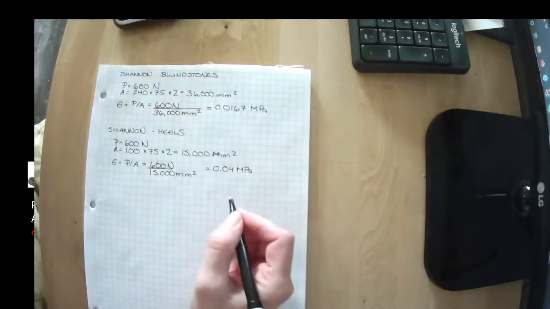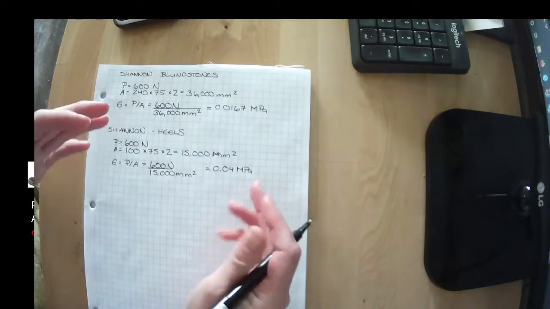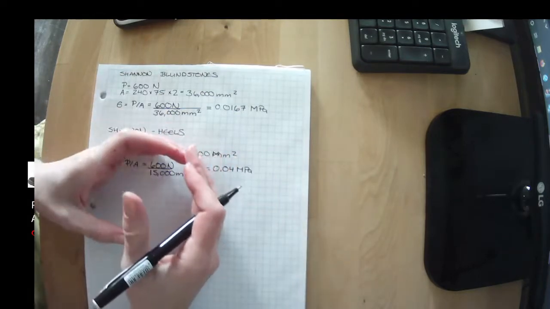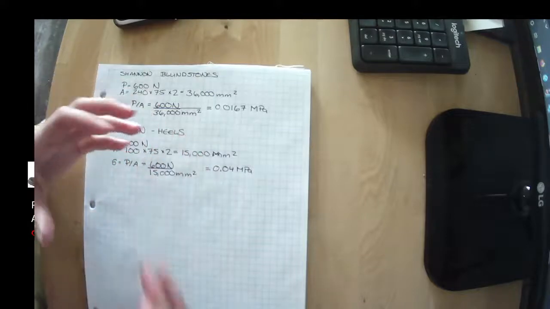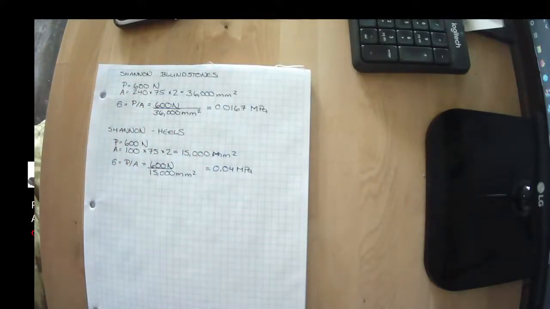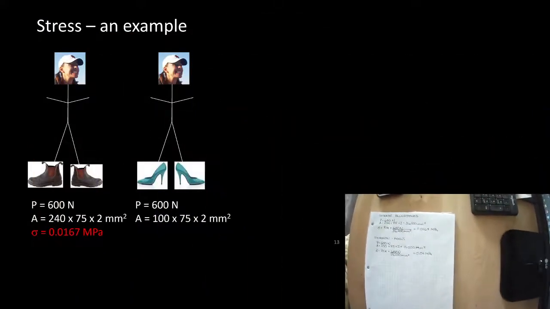Our stress did in fact go up. Putting on smaller shoes increased the stress. So it was the same load over a smaller area, which means we have an increased stress.